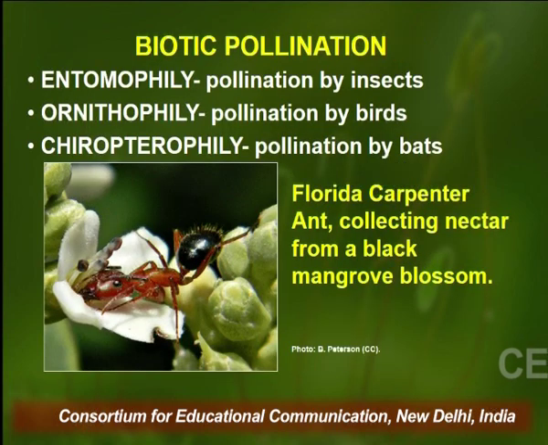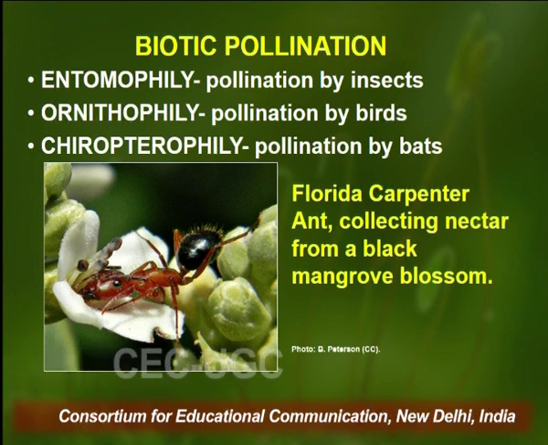Then there is biotic pollination. Biotic pollination is by means of an agent. It can be an insect or a bird or an animal. So different names are given to different types of pollination depending on the animal or insect or bird, whichever is the agent.